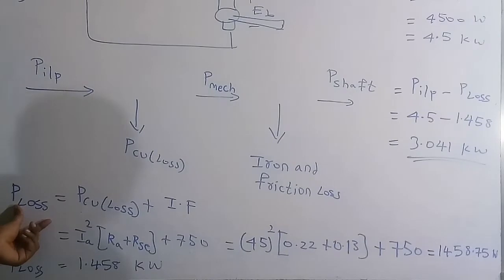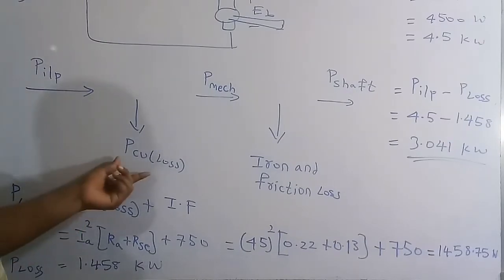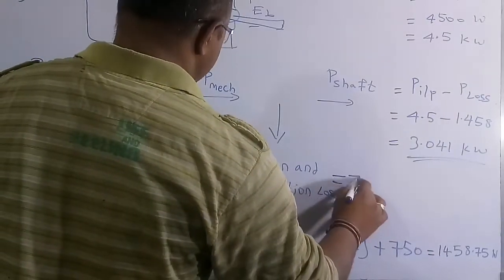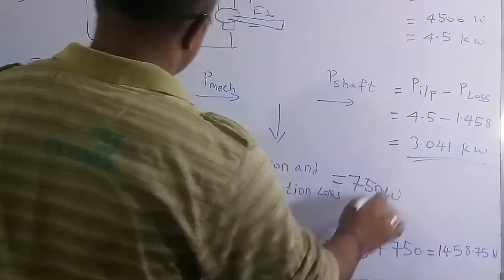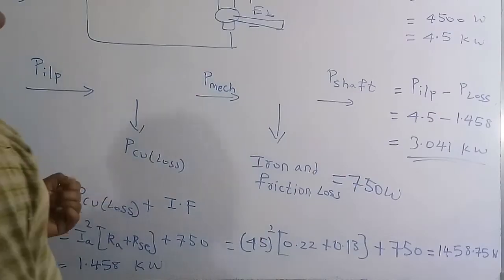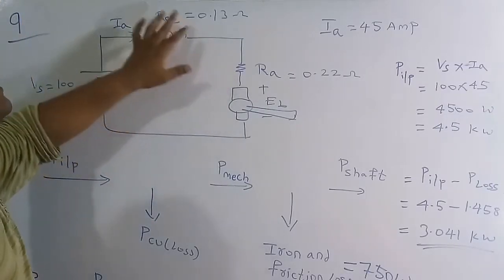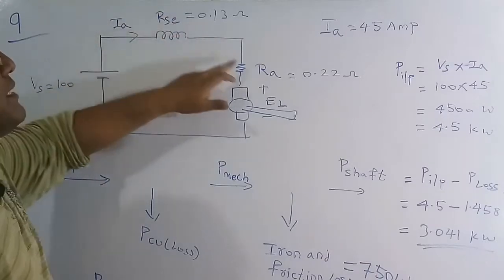Now the losses in the machine are the copper loss and the iron and friction losses. The question already gives the iron and friction loss as 750 watt. So we have to find the copper loss. These two resistors are connected in series, so the overall resistance is RSC plus RA.